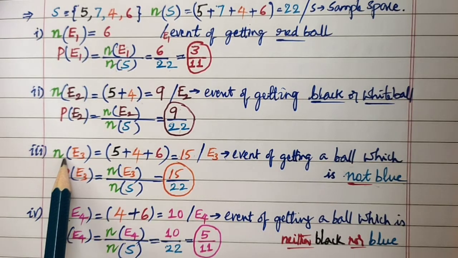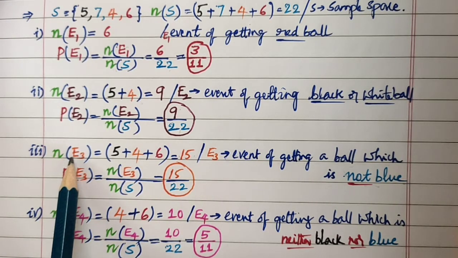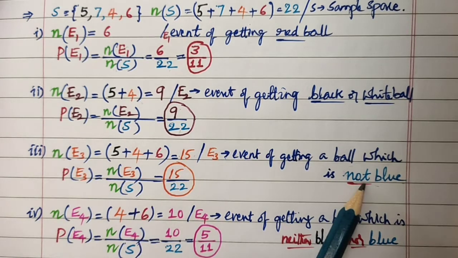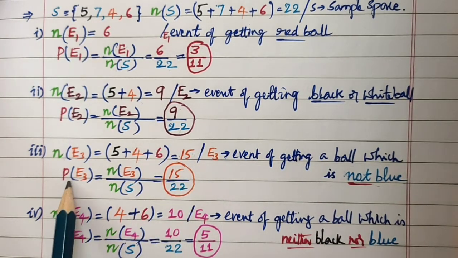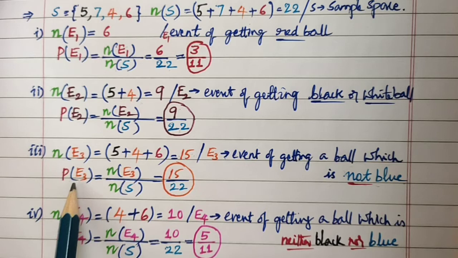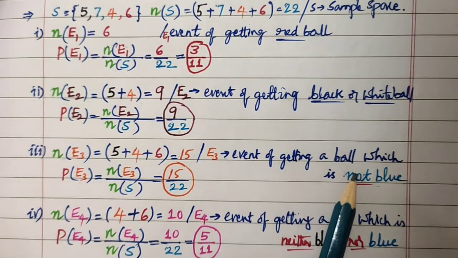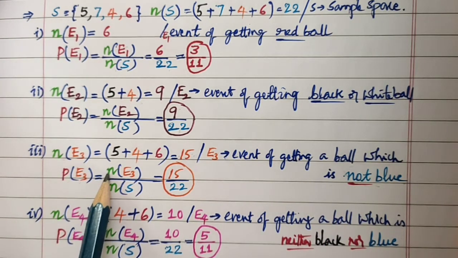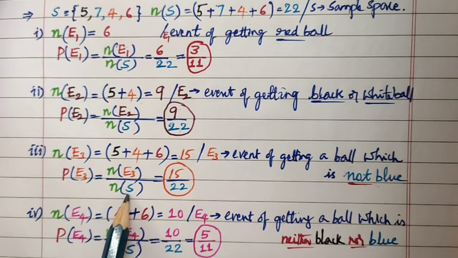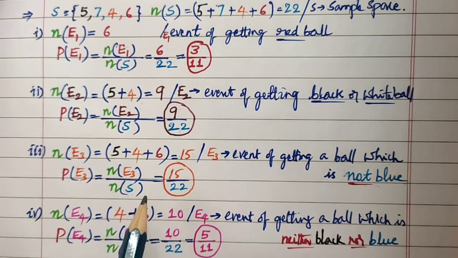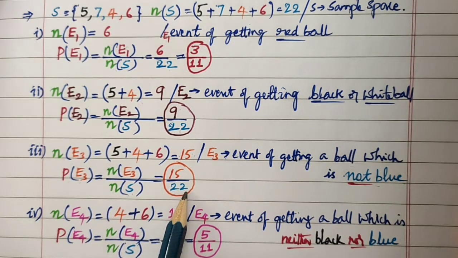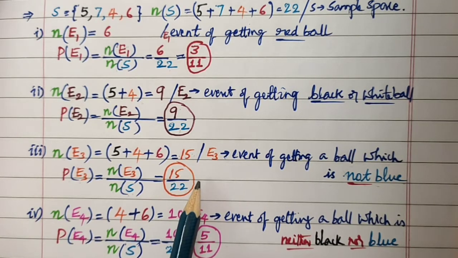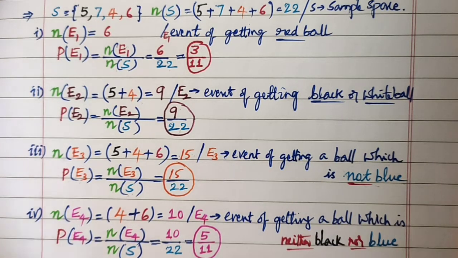So n of E3, the number of balls other than blue, is 15. The probability of getting E3, that is not blue, is n of E3 divided by n of S, that is equal to 15 by 22. This is the probability of getting a not blue ball.